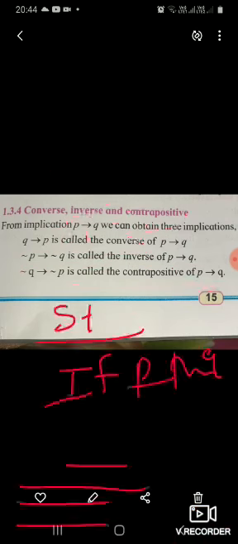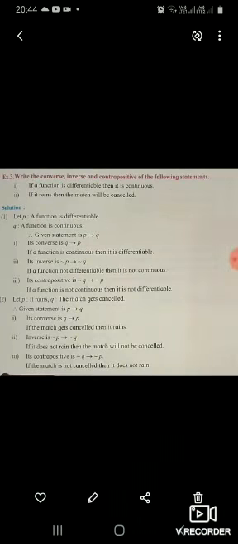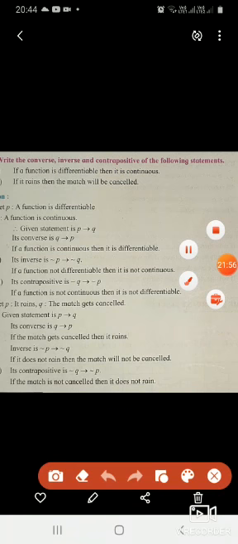So we will go for one or two examples. You see here one statement is given. In this statement I am going to discuss the first one. See, if a function is differentiable, then it is continuous. First of all, I am going to decide what is P. P is if a function is differentiable.